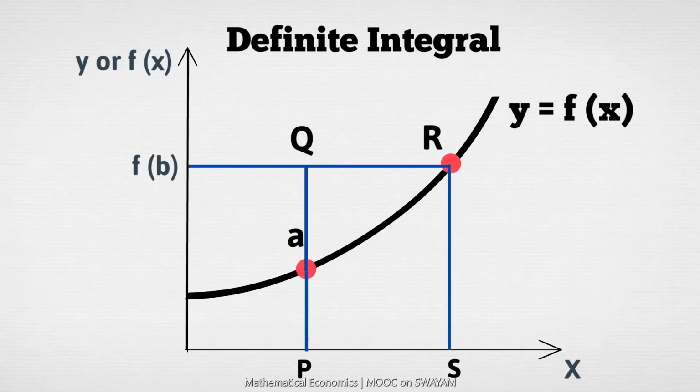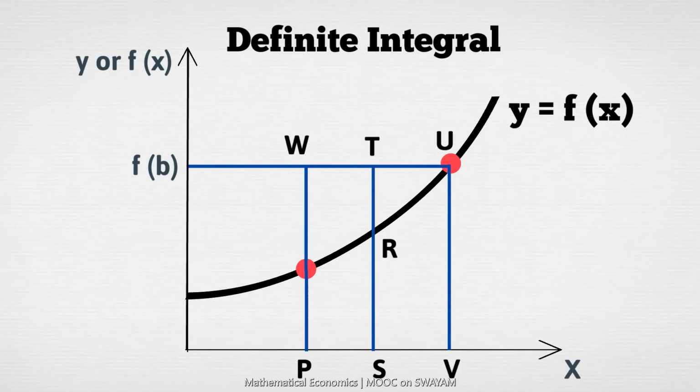If we divide the rectangle PQRS into two parts, we get the sum of the area of two rectangles. Let us draw a line parallel to x-axis to the line PW and name it Q, and then extend it to y-axis to get the value of y.